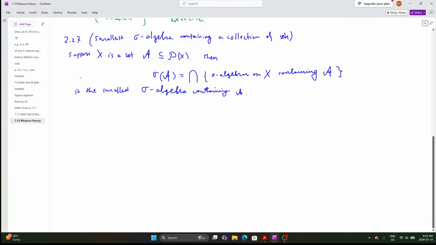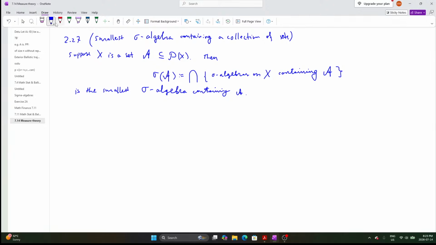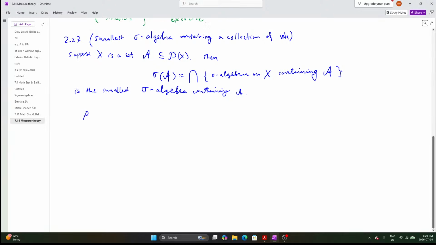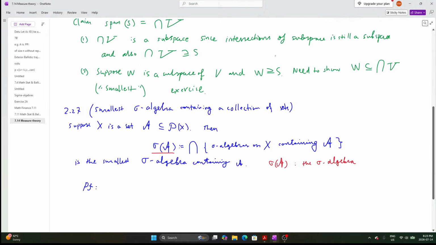For the sake of practicing the definition of sigma algebra, let's redo the proof, even though this is not that difficult. We also call this the sigma algebra generated by A, kind of like the span.